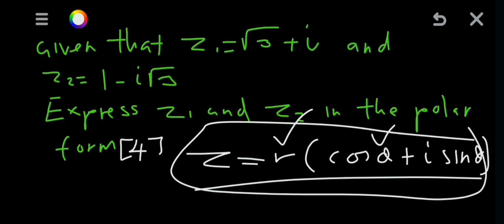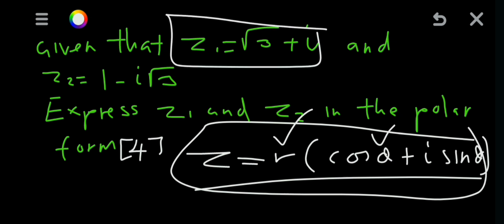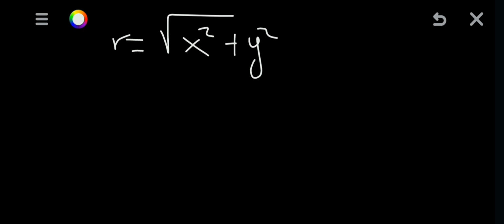So let me start with z1. For z1, I'm going to find r, which is going to be r1, and also theta, which is going to be the angle. So r is equal to root of x squared plus y squared, where x represents the real part and y represents the imaginary part.